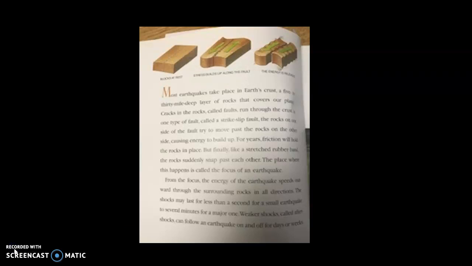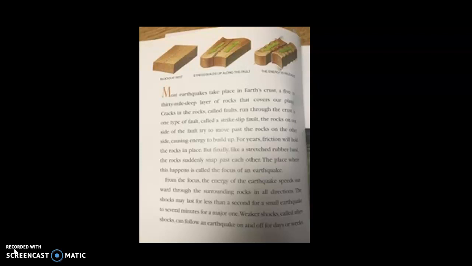Let's read one more page together. Most earthquakes take place in Earth's crust, a 5 to 30 mile deep layer of rocks that covers our planet. Cracks in the rocks, called faults, run through the crust. In one type of fault, called a strike-slip fault, the rocks on one side of the fault try to move past the rocks on the other side, causing energy to build up.